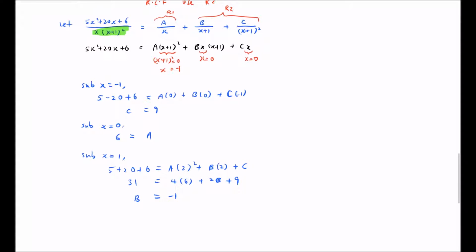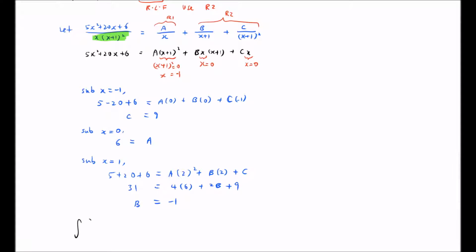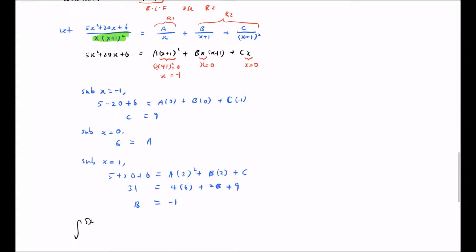So again, we can now finish the question by integrating the partial fractions. So integrate 5x squared plus 20x plus 6 over x cubed plus 2x squared plus x dx.